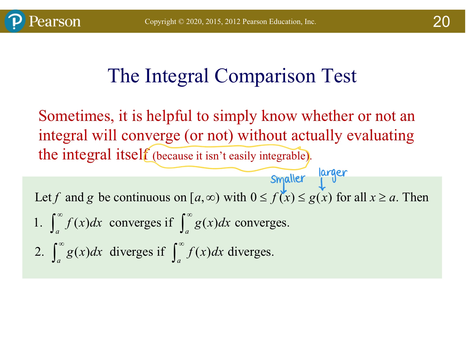Sometimes they call these squeeze tests. Can you picture it? If you've got two functions that are coming down like this, and red is always bigger than green, but red is easier to integrate than green for whatever the defined function is.